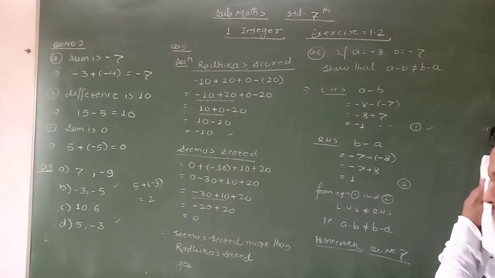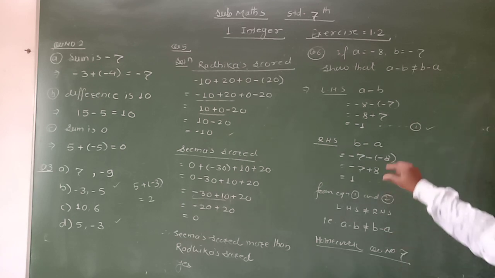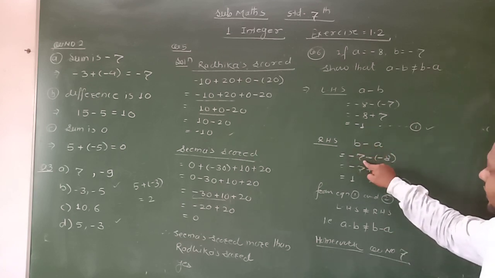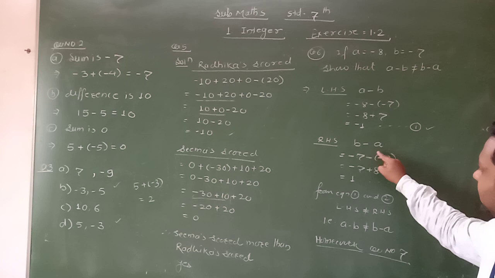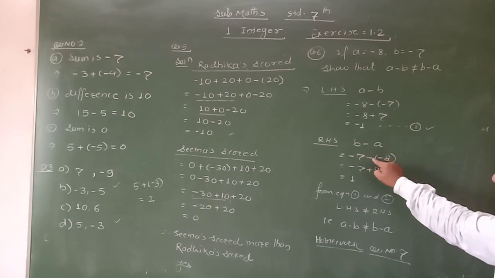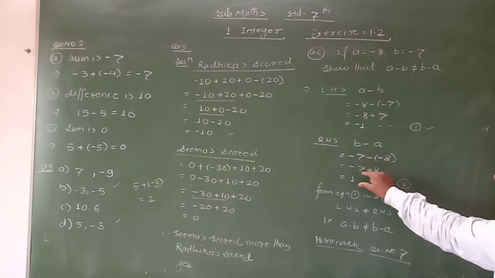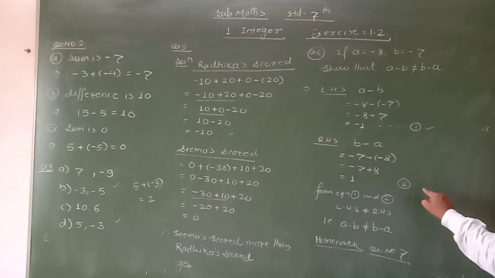Now what is the right hand side of the equation? That is b minus a. Again here we put the value of b, that is -7, and the value of a in bracket, -8. -7, here we remove the bracket, minus minus becomes plus 8. -7 plus 8, here we get the answer 1. Equation number 2.